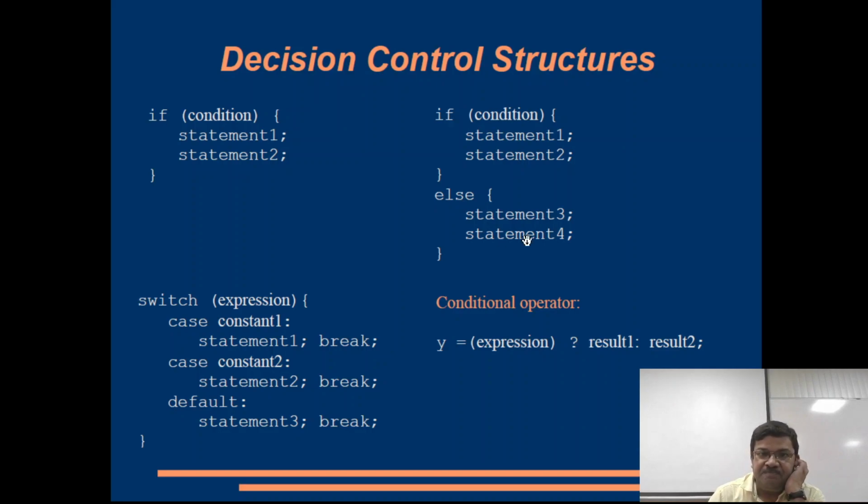Multiple branches can also be evaluated using the switch statement, right? So you have this expression, and depending on various possibilities of this expression, you list out different sets of executions that need to be executed.